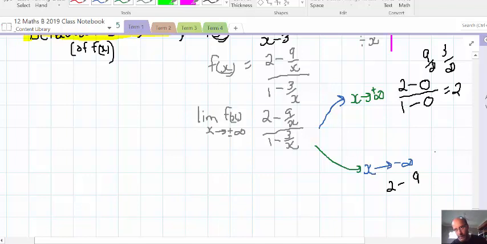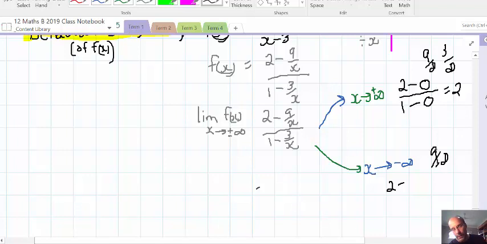For negative infinity, the lower branch, we have 2 minus, again, 9 over negative infinity.